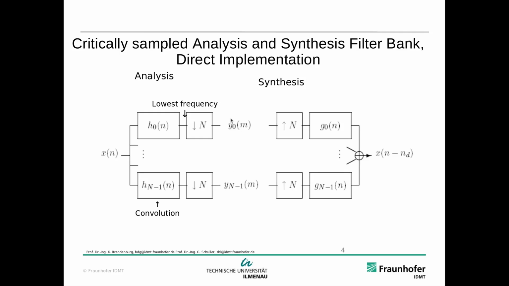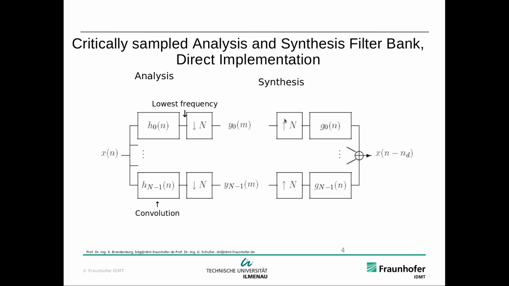Except that now we have capital N subbands, but each at a lower sampling rate. And that's why I'm using this lowercase m as index for this lower sampling rate. So I will be consistent. M is always the lower sampling rate, and lowercase n will always be the higher sampling rate. Yeah, and that's convenient because in audio coding, we always have those two sampling rates.